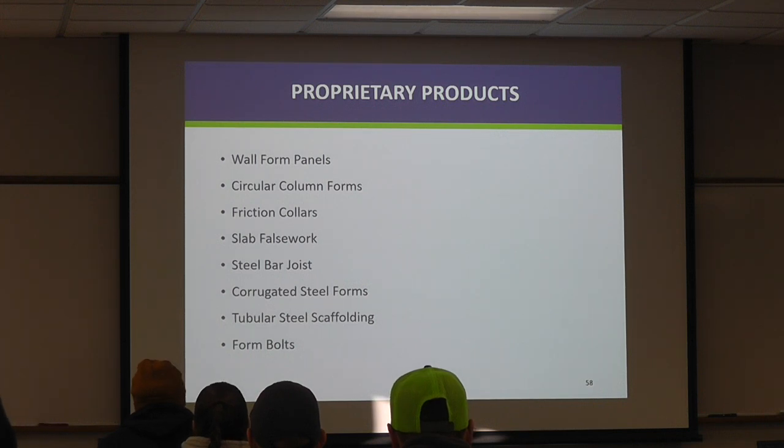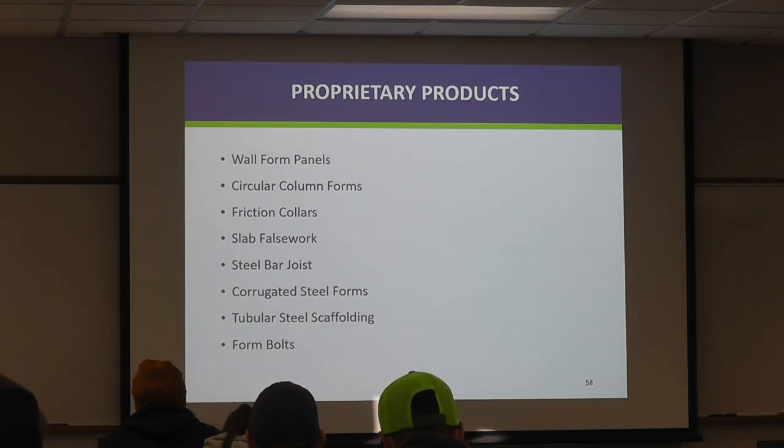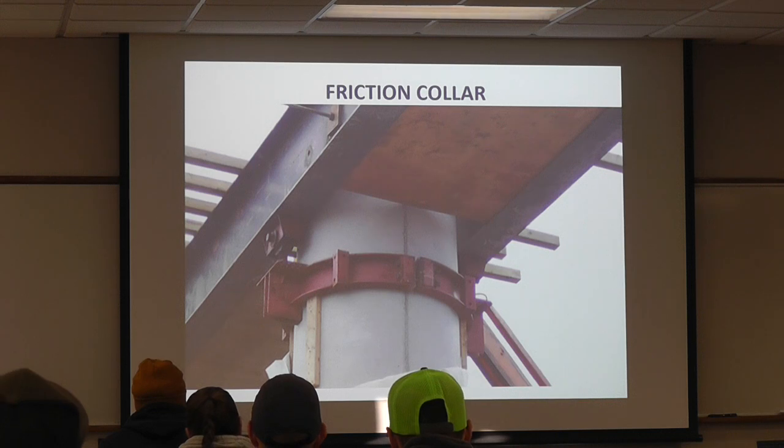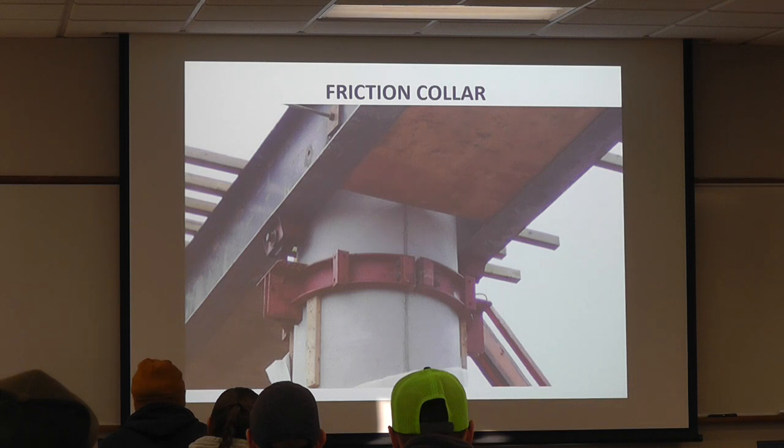Talk a little bit more about proprietary things like wall form panels or circular column forms. These are things that you can buy from the supplier. So we'll talk about some of them. Friction collars, I had a picture up earlier on friction collars, and that is something that does get used from time to time.